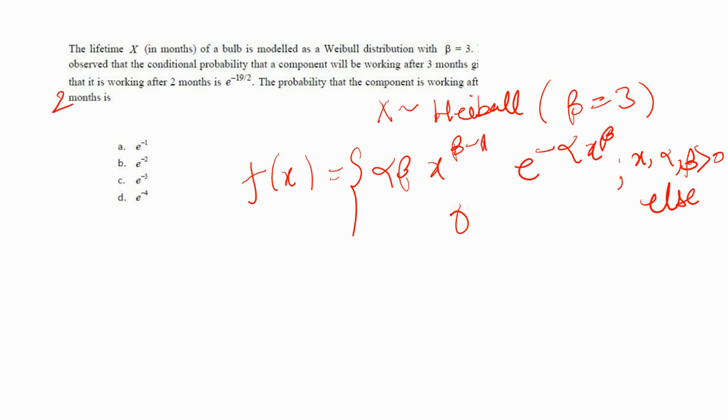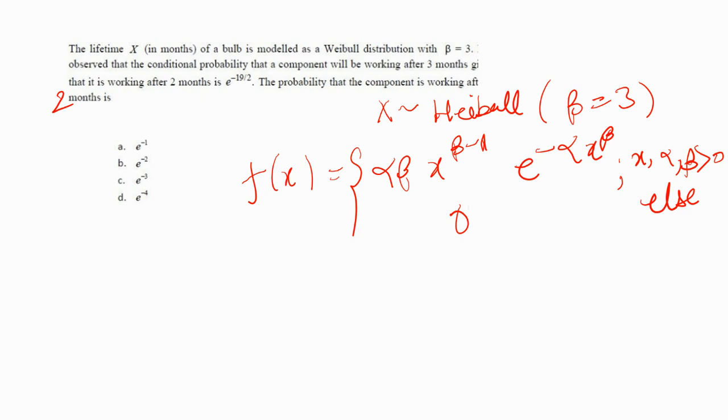There is some cutting. So now we want to find, we have observed that the conditional probability that a component will be working after 3 months, given that it is working after 2 months, is e to the power minus 19 upon 2.